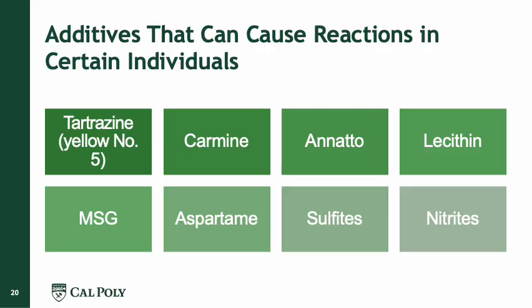For example, sulfites are used in wine and cider to stop the fermentation process, and nitrates are used, as I mentioned before, in deli meats as antimicrobials, and they are very important.